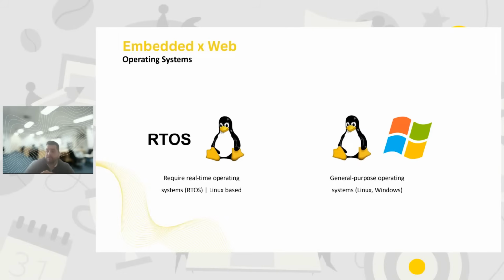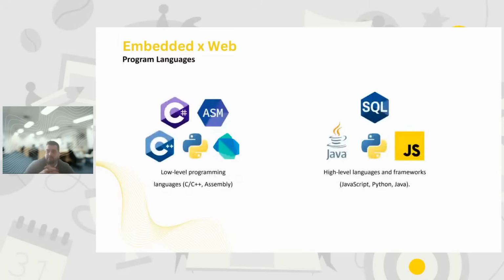About the programming languages in embedded, we are using very low-level languages because we are closer to the hardware. It means that we are talking more about C, C++, C Sharp, Python, Dart, and in the very, very low level, assembly, where we work really close to the bit level.